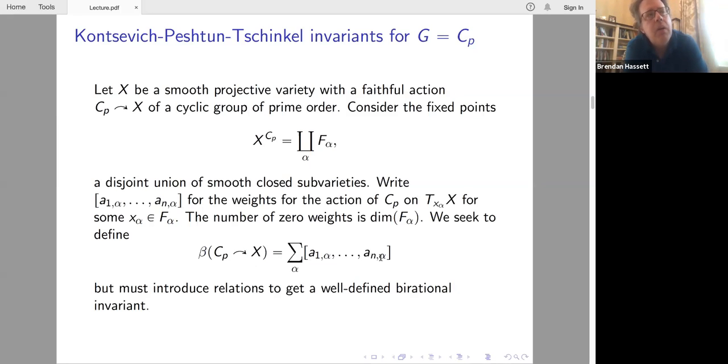Yeah, so I think that you probably could say, well, if you have a G-variety and you have a projective bundle for which a G action lifts, you probably could say something about the combinatorics of the fixed point actions. So I think that you probably could get something. I don't know whether it's a useful invariant.